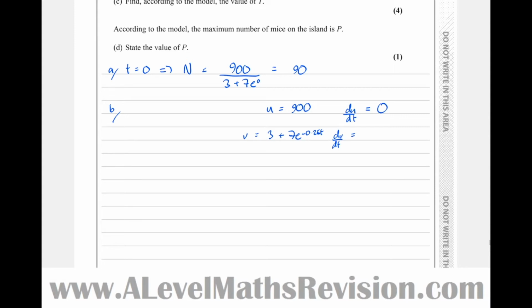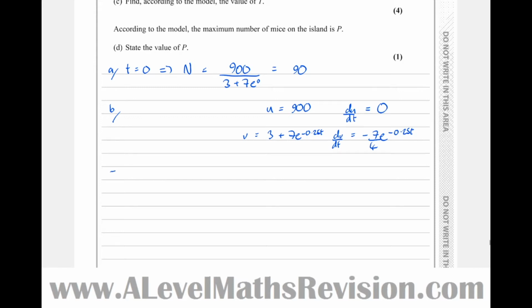Then we get 7e to the minus 0.25t times minus 0.25. So minus 0.25 is minus a quarter, so we get minus 7 over 4 e to the minus 0.25t.